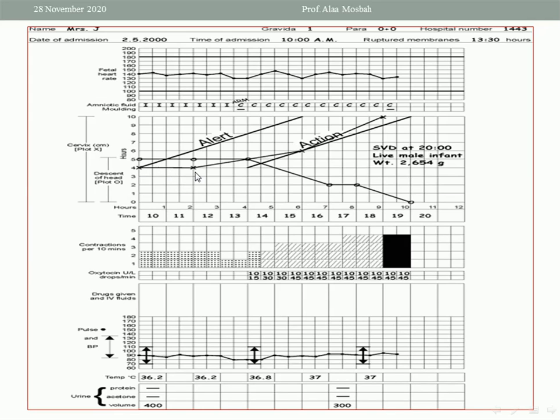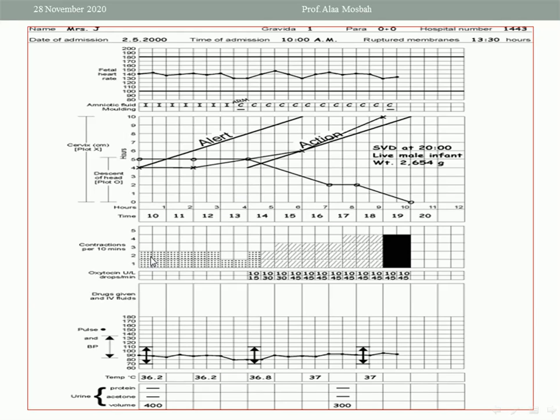Of course, to say the progress is normal should be to the left of the alert line, as we will see later on. Okay, but here, passing through the alert line and about to reach the action line, then with corrective measures, it reaches the full dilatation and again to the left of the action line.